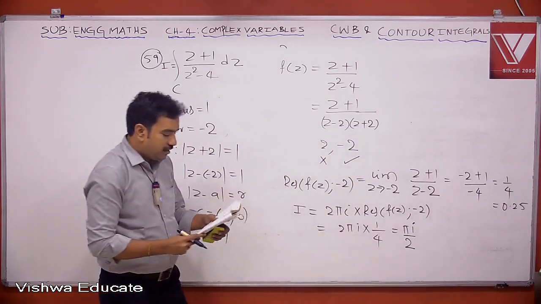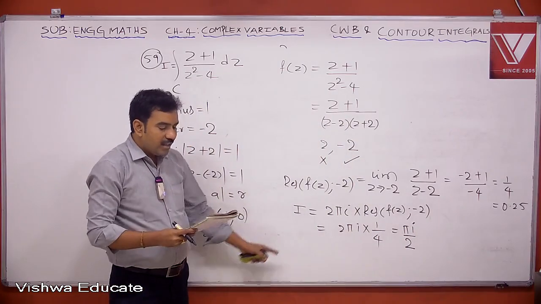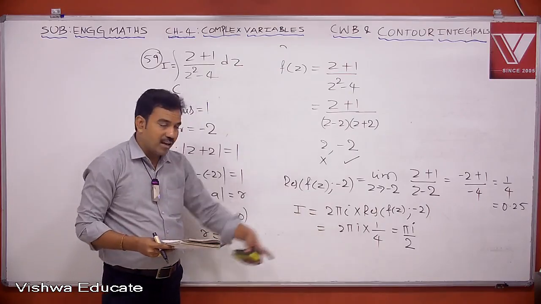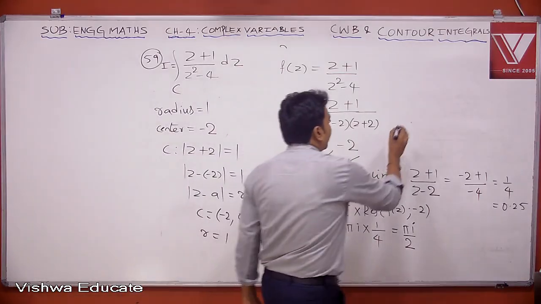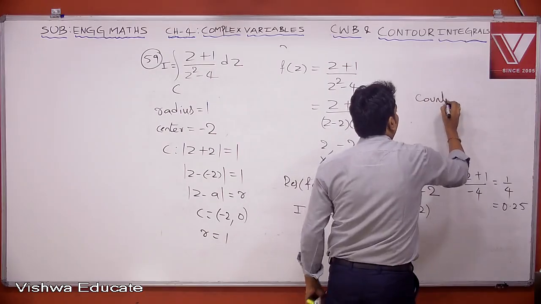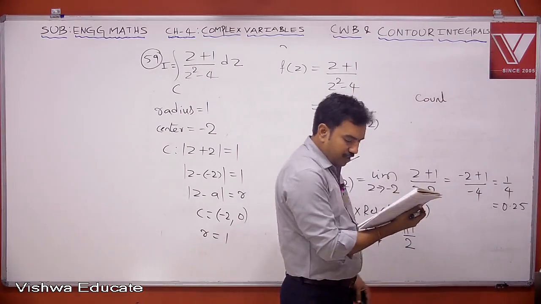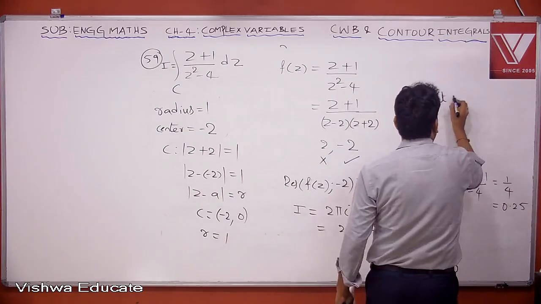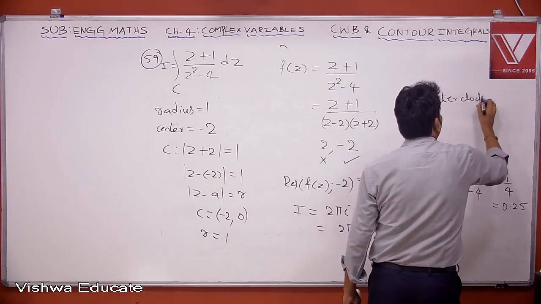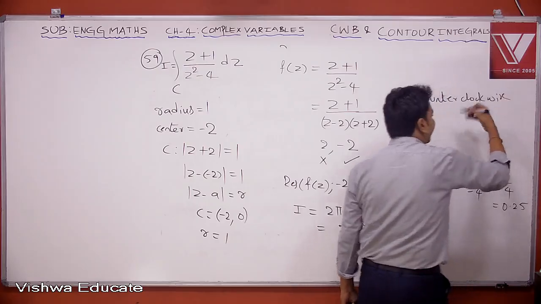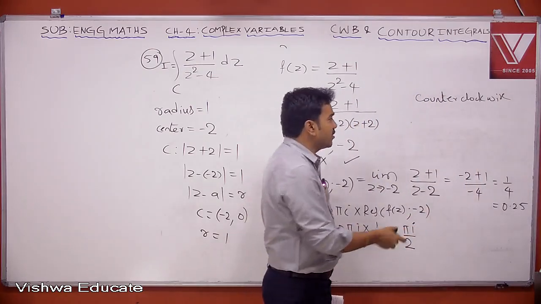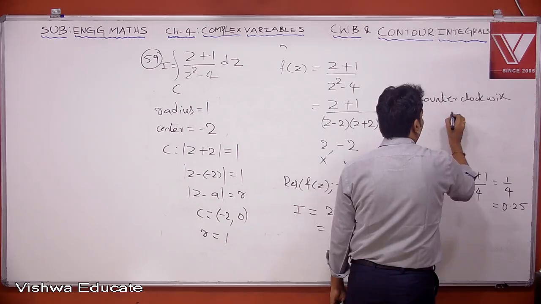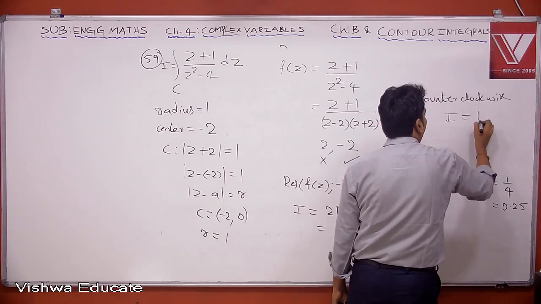What direction did they mention? Counterclockwise direction. Counterclockwise means anticlockwise, so anticlockwise means the original value only. So the counterclockwise integral I value is pi i by 2.